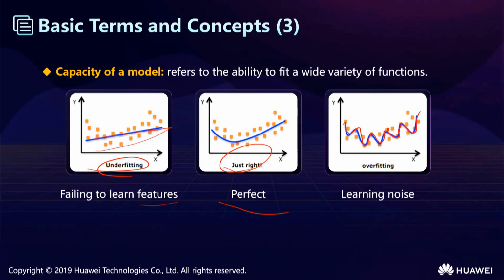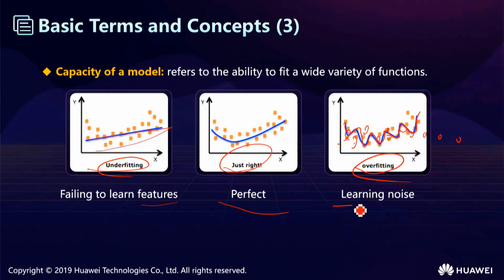This causes the training error to look good, but if we use new data, the model does not perform well. It will cause the overfitting problem.